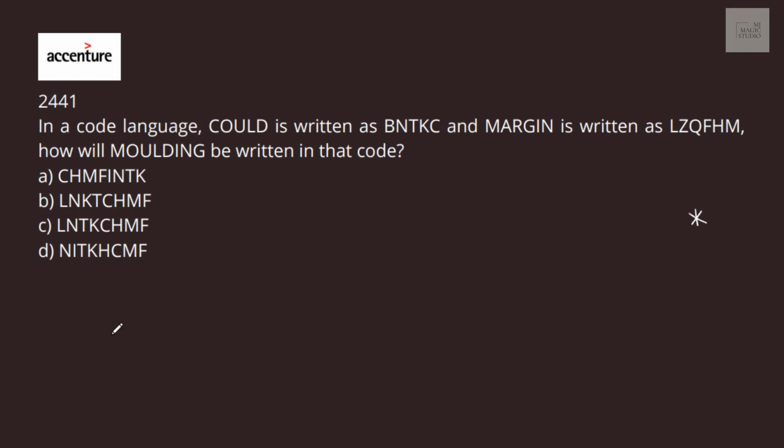So one more form, coding. In a code language, could is written as BNTKC. So what I can say is that B, C; M, N, O; S, T, U; K, L, C, D. That means it is minus 1, one space back, yes. And margin is written as LZ, obviously it's one space back.